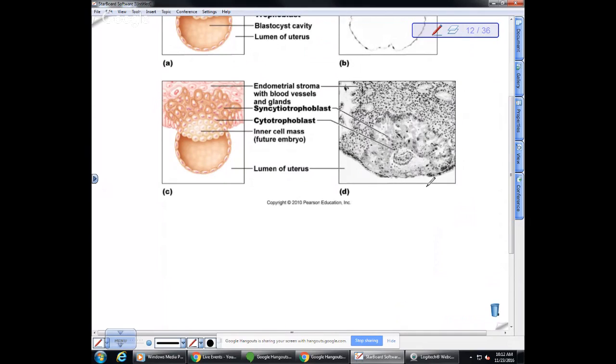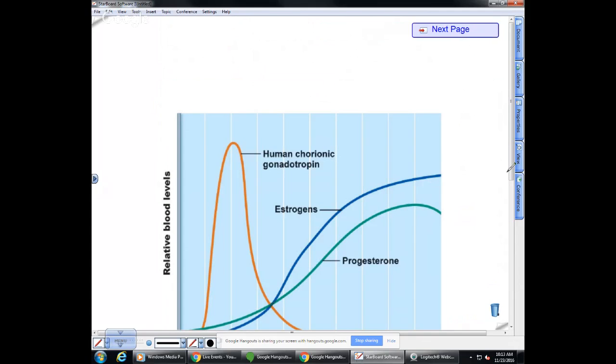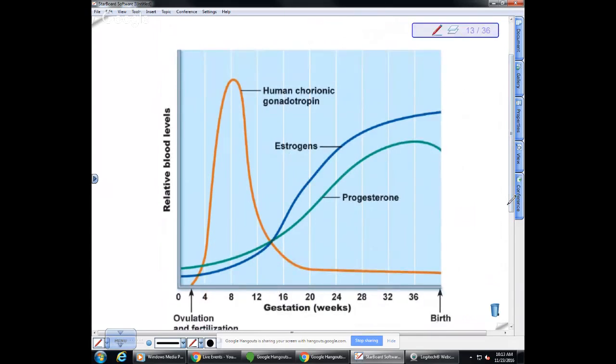So remember that this early embryo has to secrete HCG in order to be maintained. So HCG actually maintains the corpus luteum in the ovary and prevents the endometrium from sloughing off. Okay, so this shows when HCG is most produced.